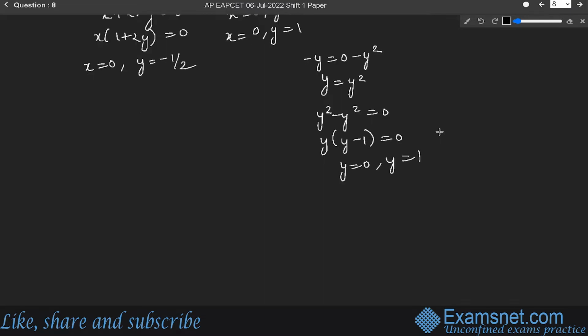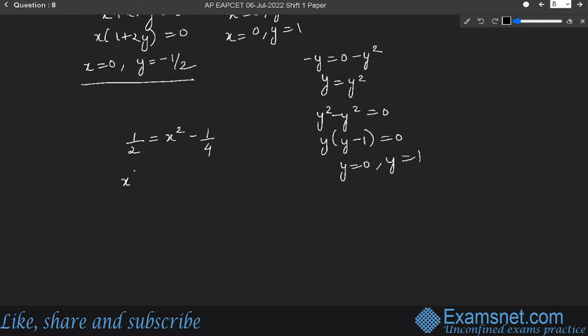Therefore, since y is equal to minus 1 by 2, if we put this value in the equation, it becomes 1 by 2 is equal to x square minus 1 by 4. See, the equation is minus of y square is equal to x square minus y square. So minus minus will be plus.